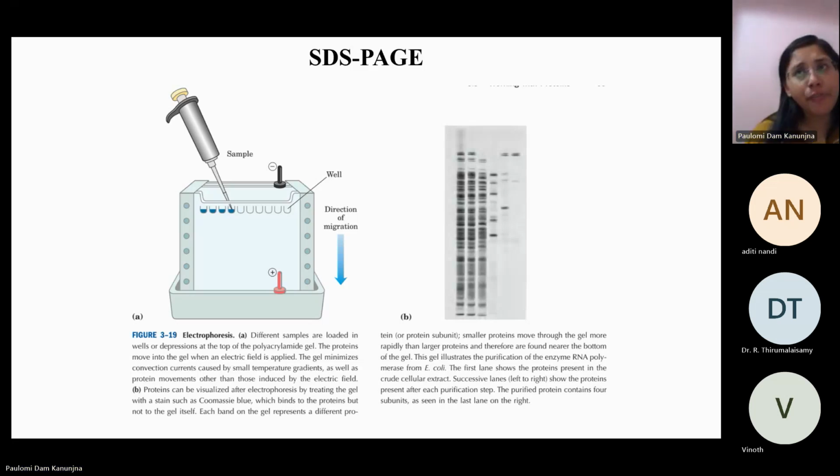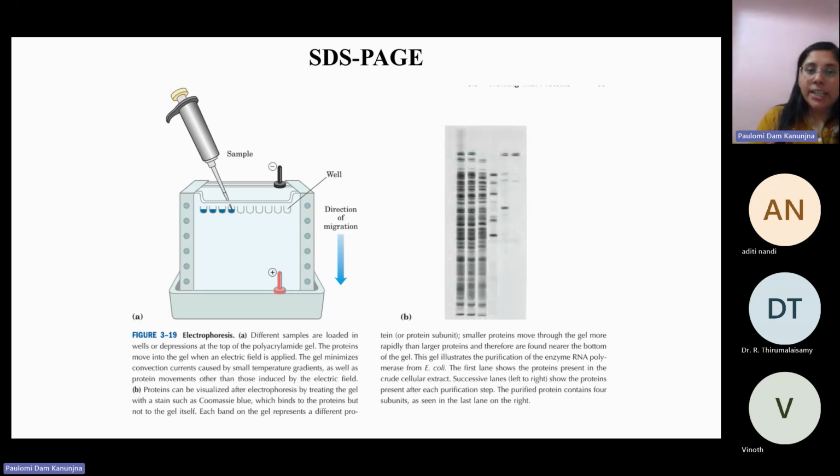The most commonly used method for this purpose is SDS-PAGE. If you have looked into the notes, you are running different proteins on the gel and resolving them based on their molecular weight.